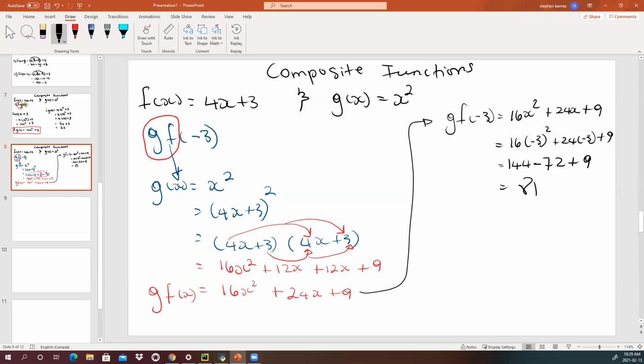We can also work it the second way. I'm going to clear the screen to work it the second way.